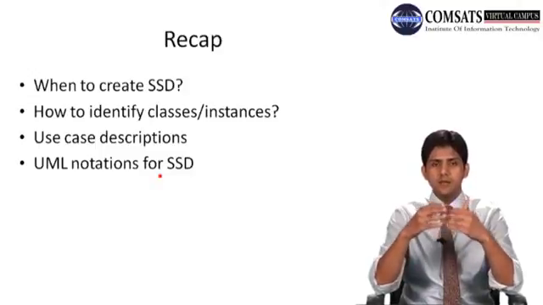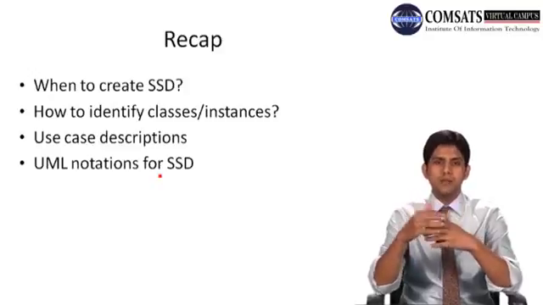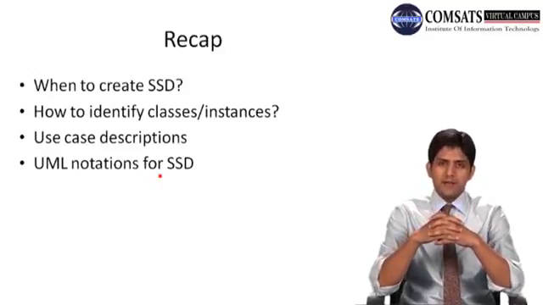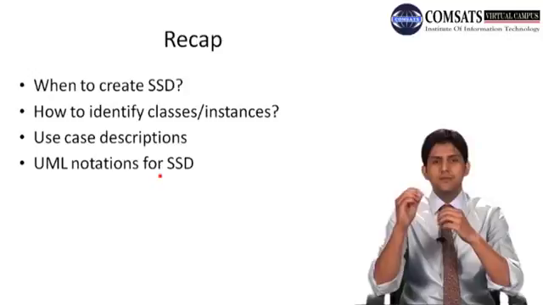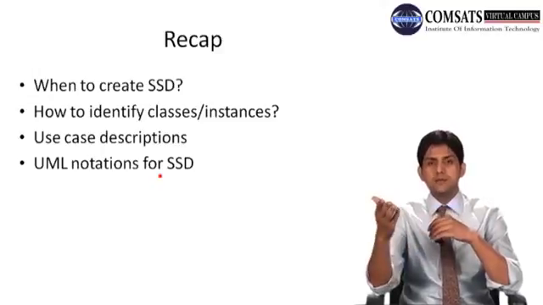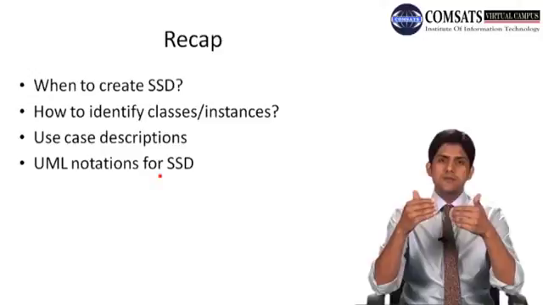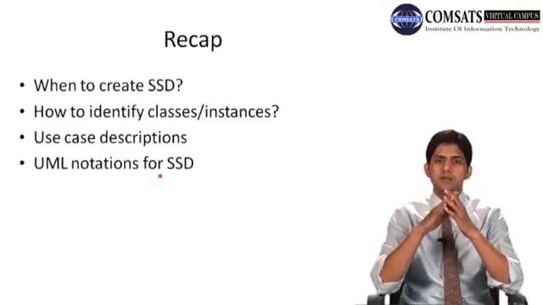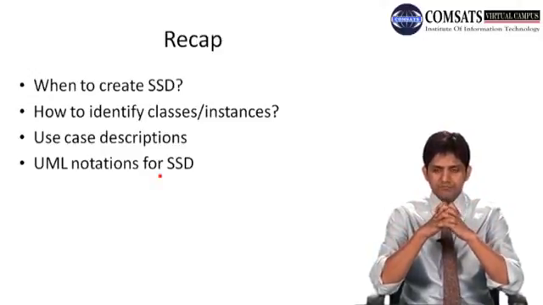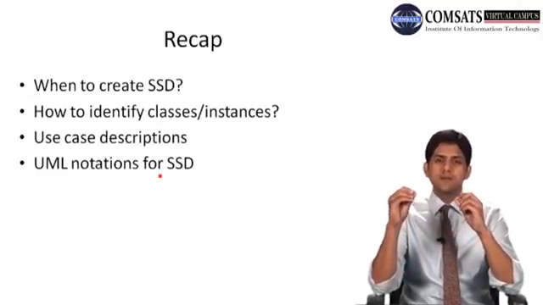Similarly, we saw that activity diagrams can also be used to understand the flow or interaction between multiple use cases. The second question was: when are these activity diagrams created? Because they are used to elaborate use case diagrams, the ideal place would be that once we have created the use case diagrams, we can start making these activity diagrams. Now the question is: where do system sequence diagrams fit in?